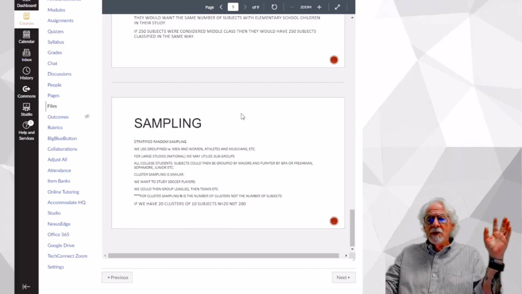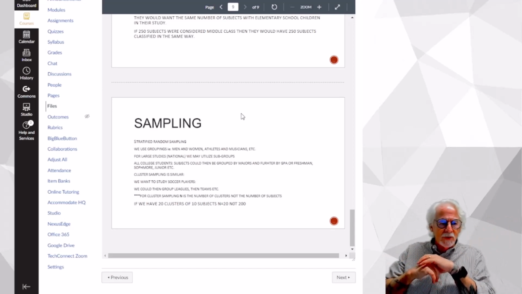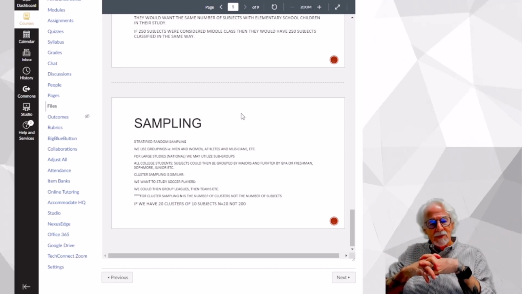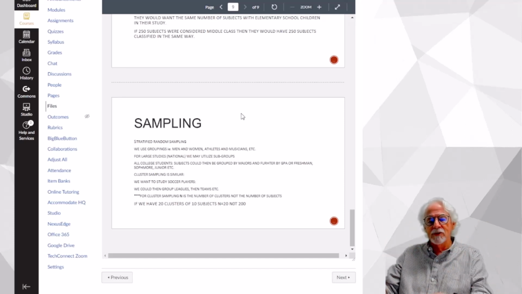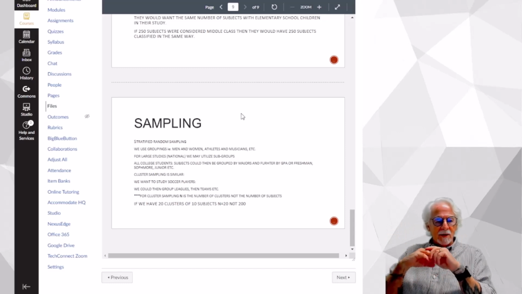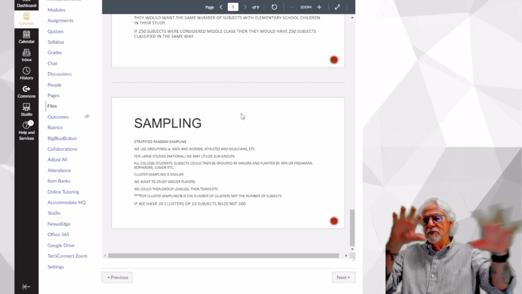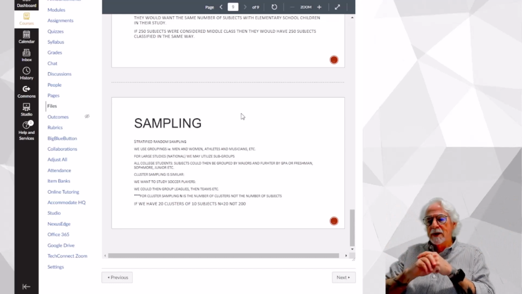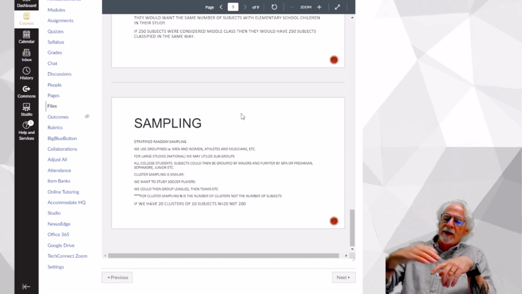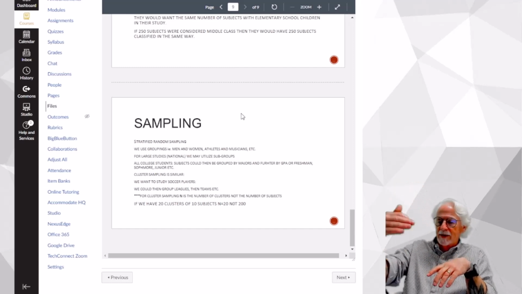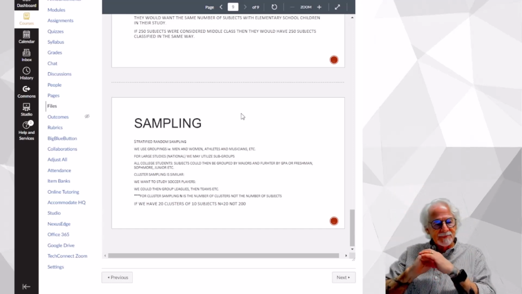So we would break that down into groups, right? We would decide, okay, we're going to use all the psych majors, and then we're going to use just freshmen or sophomores or juniors. We can break people up into groups, and that's what we call stratified random sampling, and it gives us layers, right?